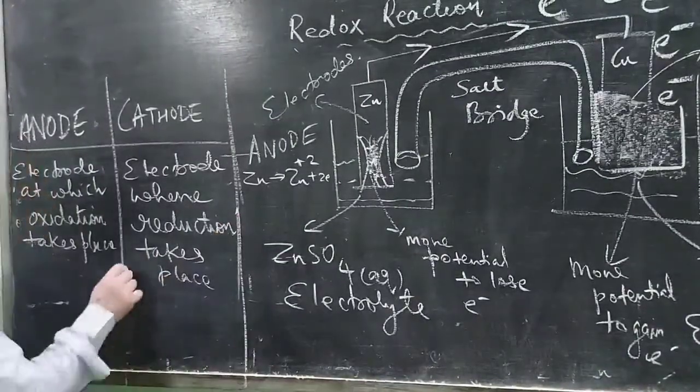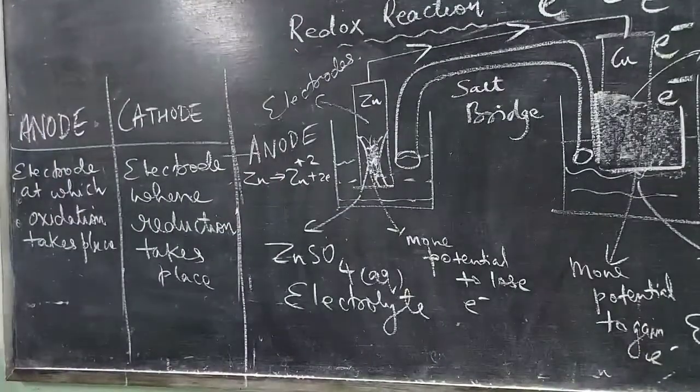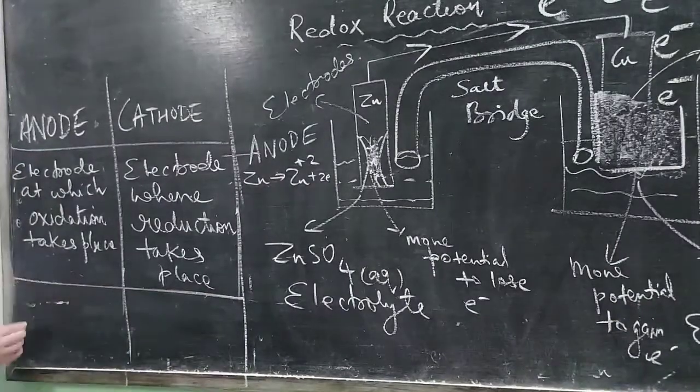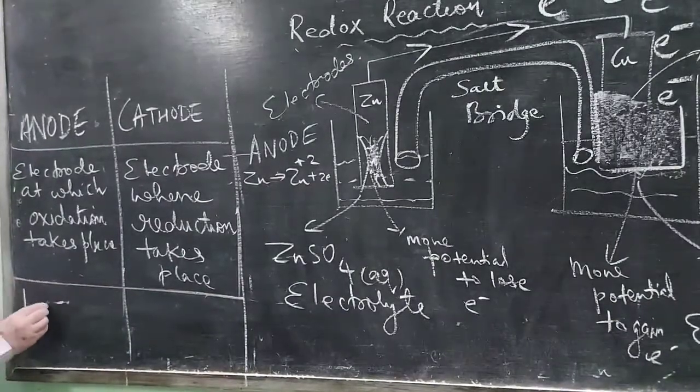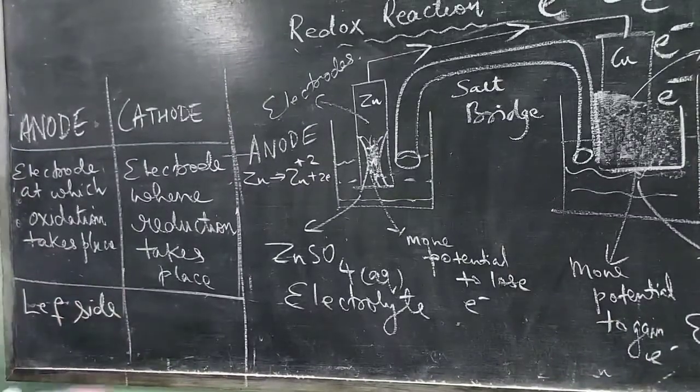Also keep in mind, whenever we make this kind of cell, the anode is kept at the left side, just like convention, and the cathode is kept at the right side.